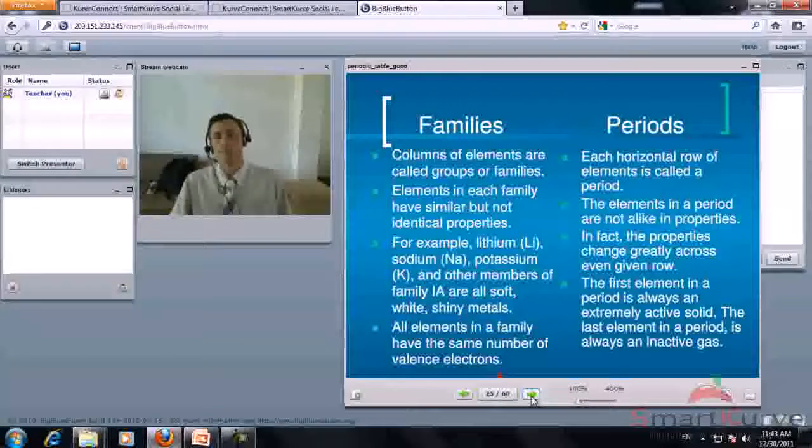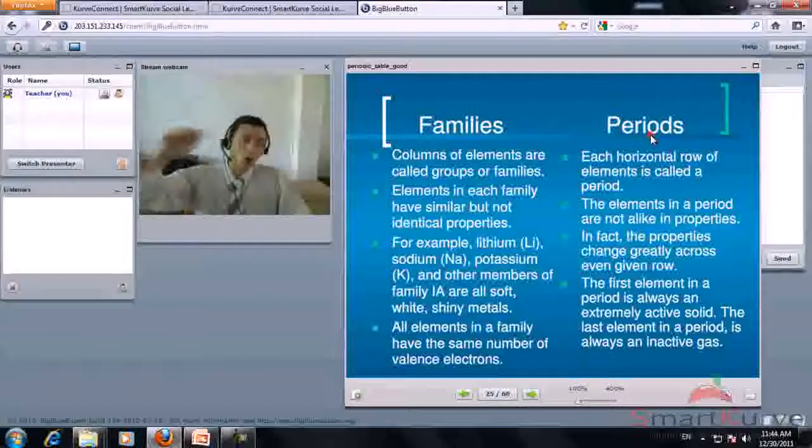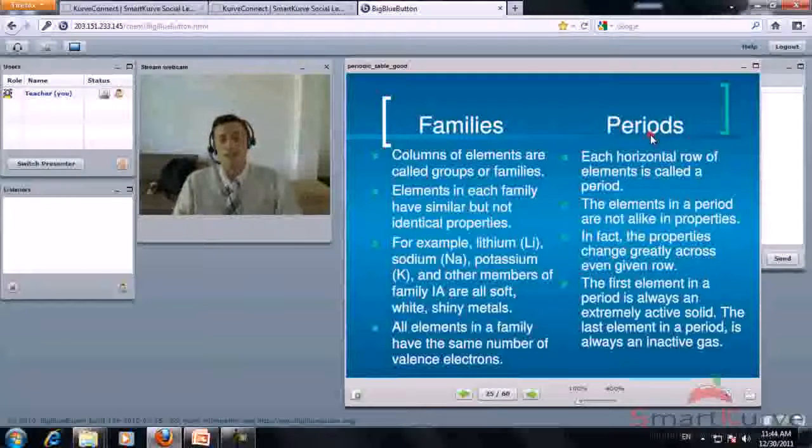Here on slide 25, we see some of the characteristics of families, those vertical rows that all have the same number of valence electrons, and then periods, those horizontal rows that all have the same number of energy levels.